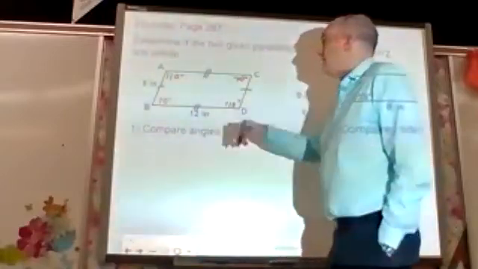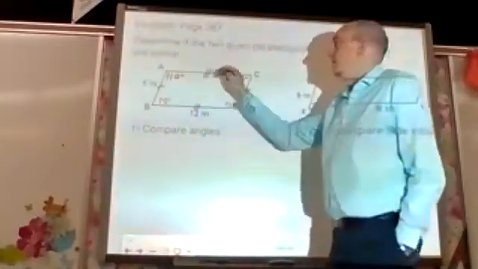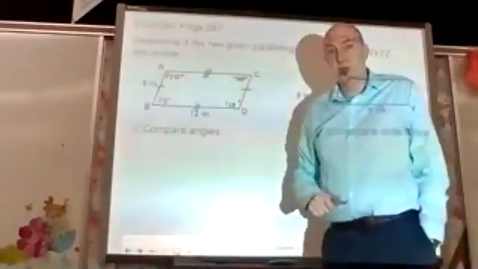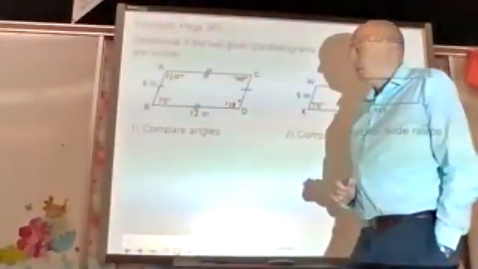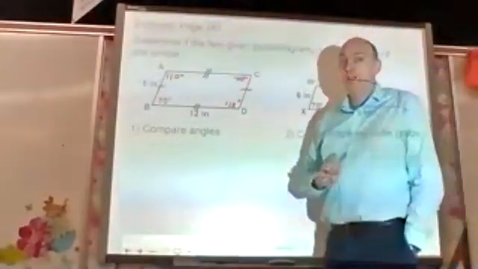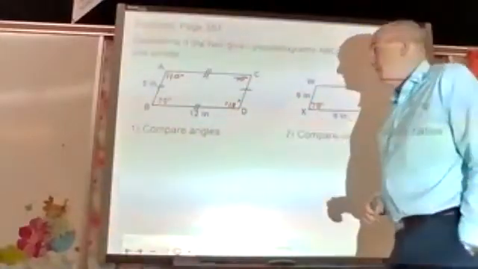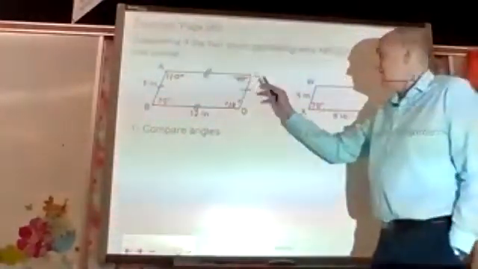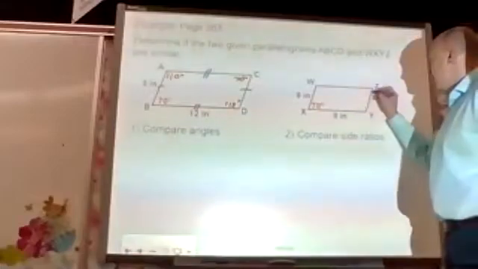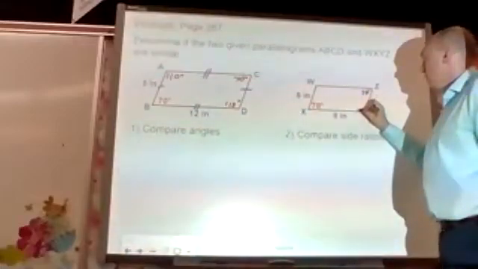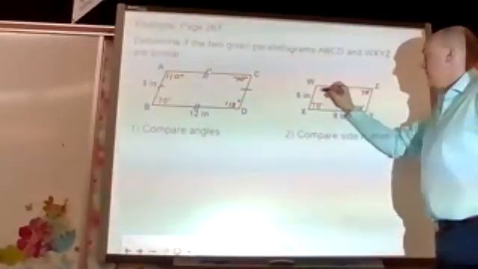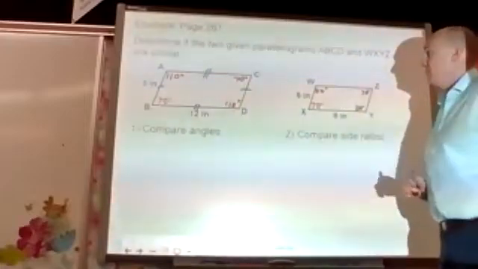They're parallel, so when we have a transversal, these two angles are supplementary. Hopefully you remember that from last chapter. So we know that those are 70, 110, 70, 110. We also know this is going to be 70, 70, 110, and 110, because they're both parallelograms.